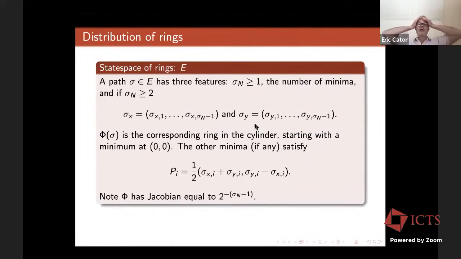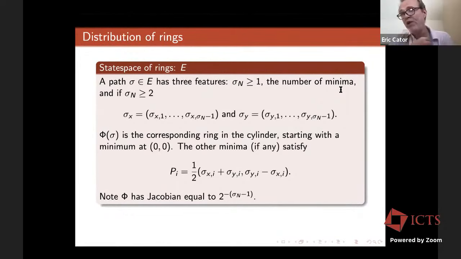Okay, so let's introduce some notation. We have a path, sigma. It has 3 features. It has the number of minima of the path. That's at least one. A path has at least one minimum. But it can be more.